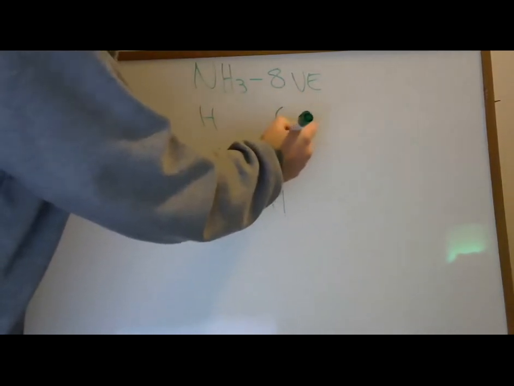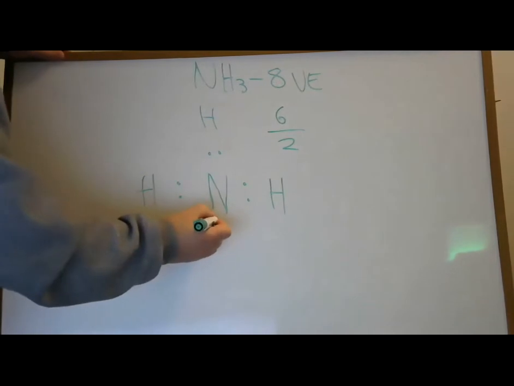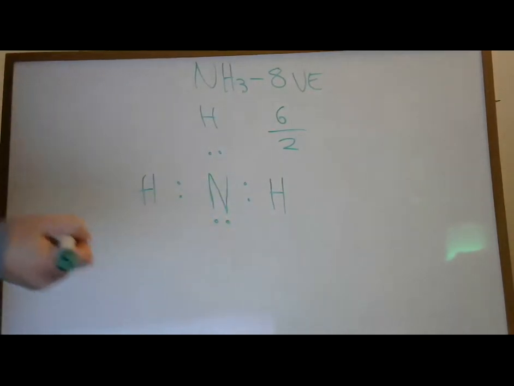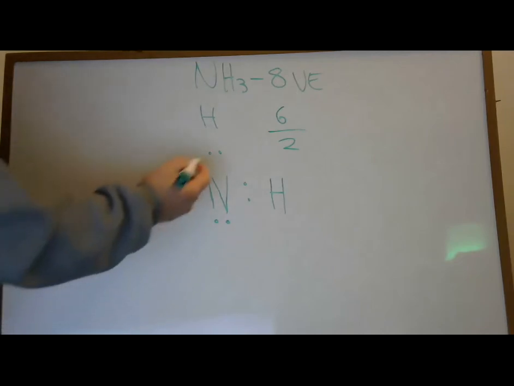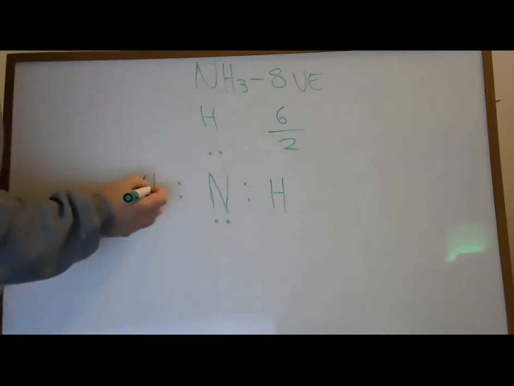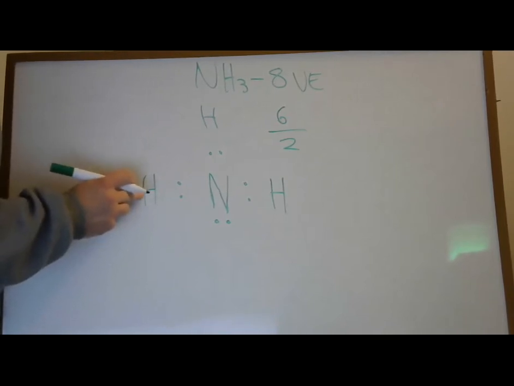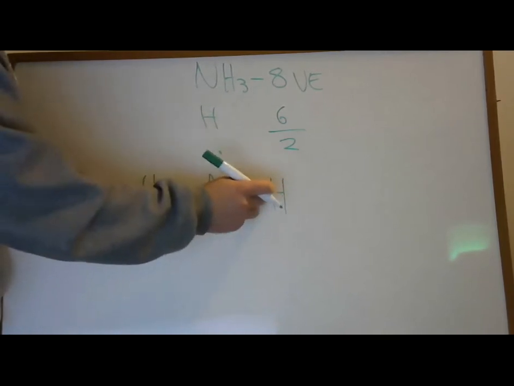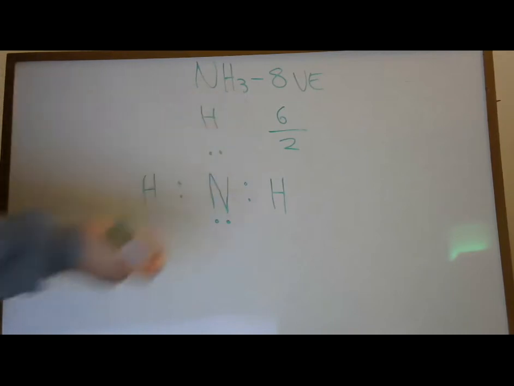So we've still got 2 left over. So they go around here because that makes nitrogen has an octet. Hydrogen, we know, is the exception to the rule. And it only needs 2.